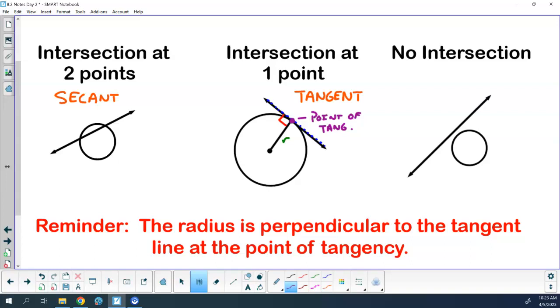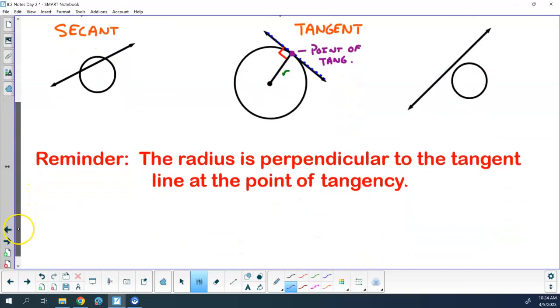What do we know about slopes of perpendicular things? What do we know about perpendicular slopes?